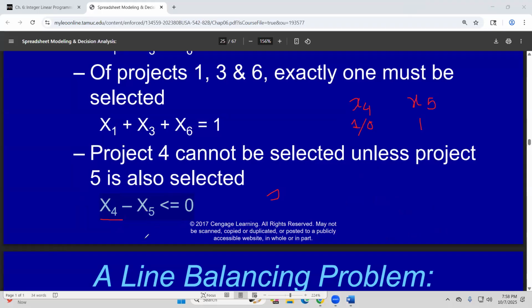Do you agree? So this becomes x4 less than or equal to x5. When x5 is 0, oh yeah, that's right. So when x5 is 0, x4 is absolutely 0. Okay, makes sense?